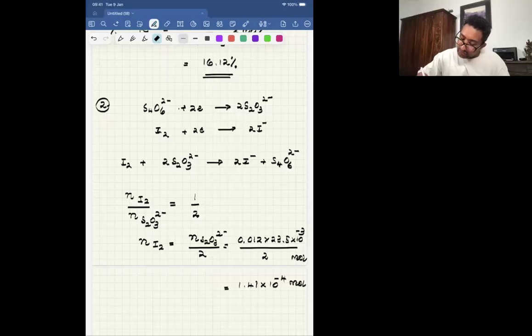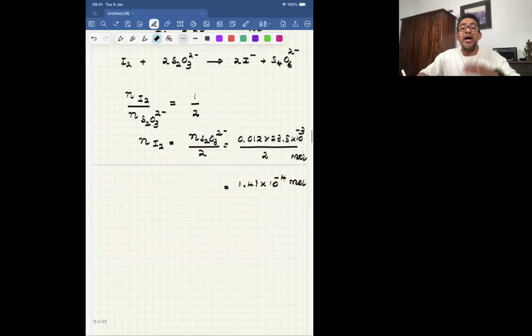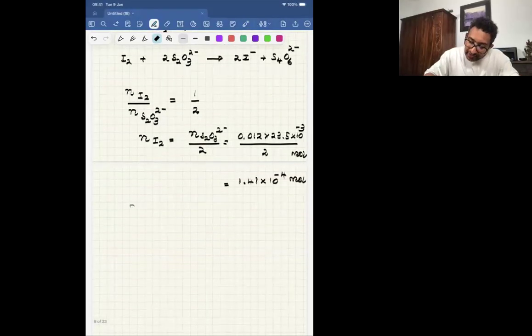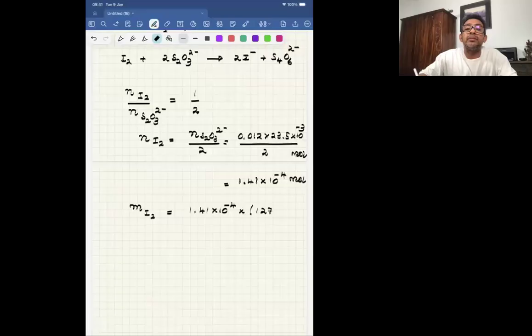This is the number of moles that you get. What do they ask? They ask you to calculate the mass of iodine. Mass of iodine is 1.41 times 10 to the power minus 4 multiplied by the molecular mass of iodine, which is 127 times 2 grams.